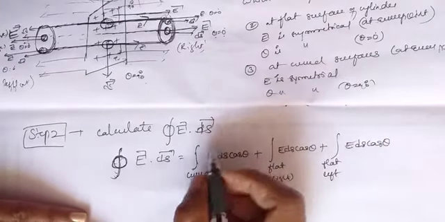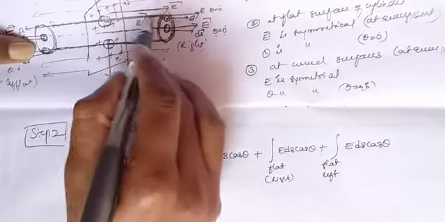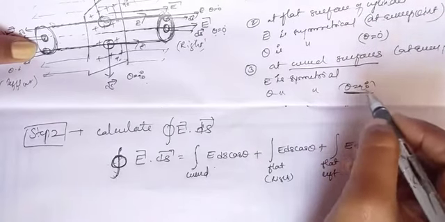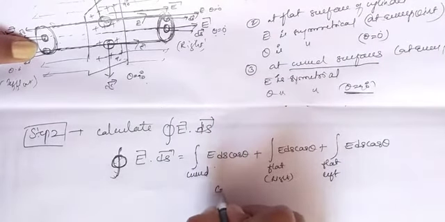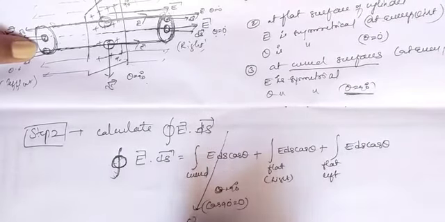Now through the curved surface, along the curved surface theta equals 90 degrees, so we have cos 90. Cos 90 is 0, so that's why it becomes 0.